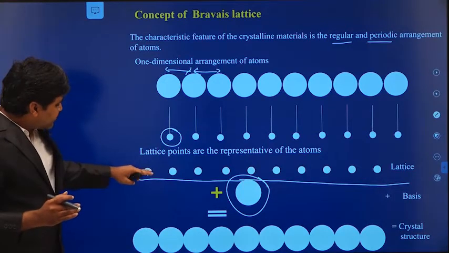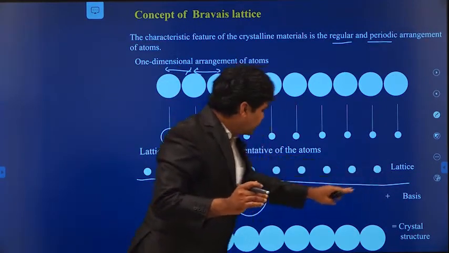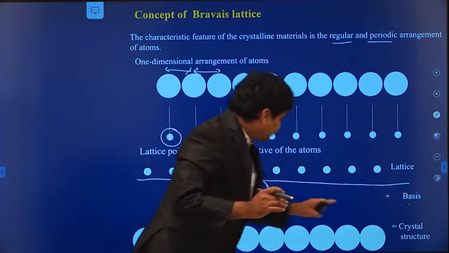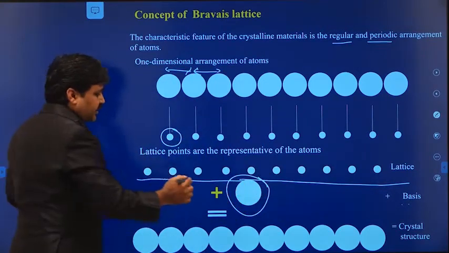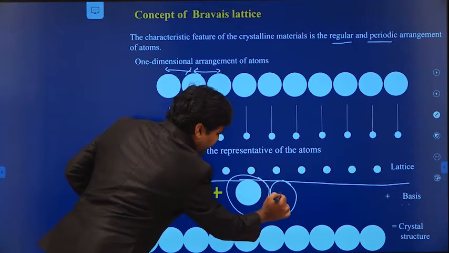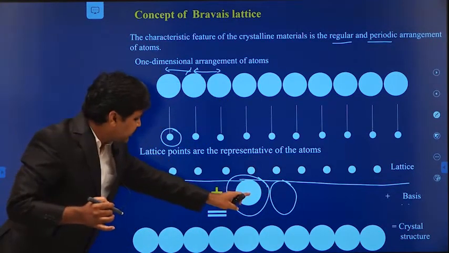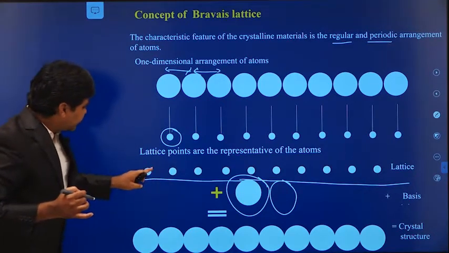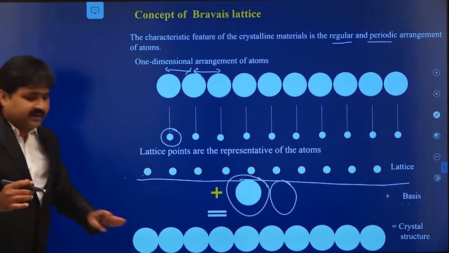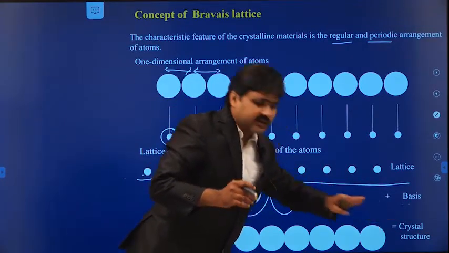If you arrange these lattice points, you get the lattice. This is the one-dimensional lattice, and this is the basis for the lattice. If you put this atom at each lattice point, you get the crystal structure. That means lattice plus basis equals crystal structure.